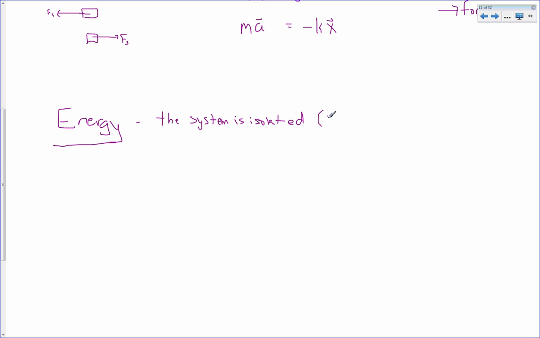And mechanical energy before equals mechanical energy after.